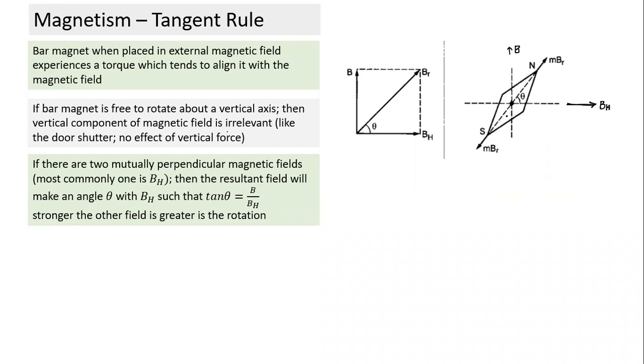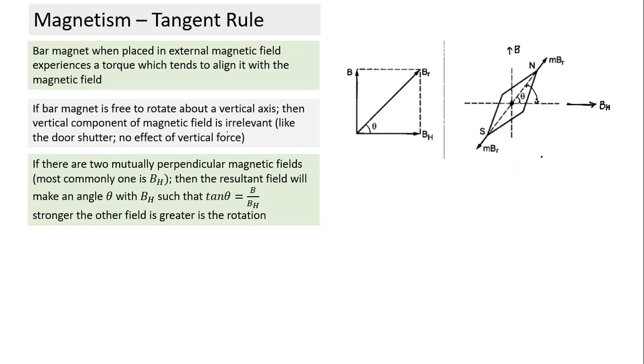It will align itself at an angle theta from the initial BH direction, and this theta is nothing but the direction of the resultant magnetic field. So what is tan theta here? Tan theta will be the same as the direction of the resultant field.